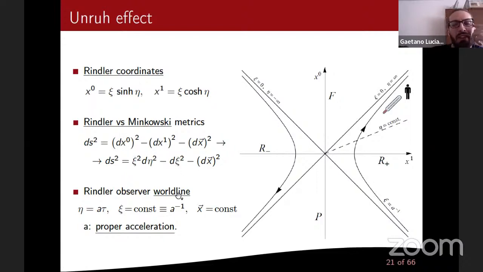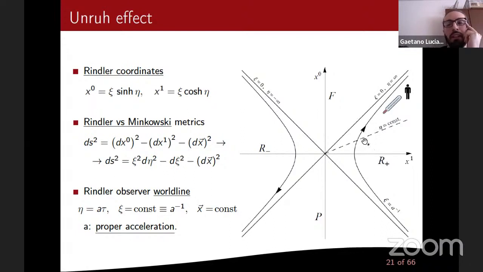It's just a matter of simple calculation. You can show that this branch of hyperbola is the trajectory for a uniformly accelerated observer in the relativistic medium. So a uniformly accelerated, or more simply Rindler observer, will move along this trajectory. When I say Rindler observer, I mean a uniformly accelerated observer in Minkowski space-time.